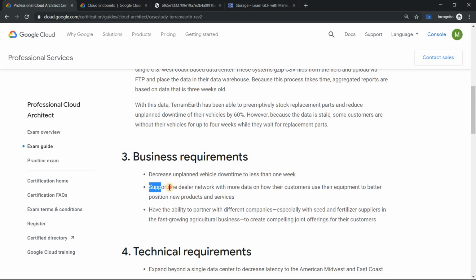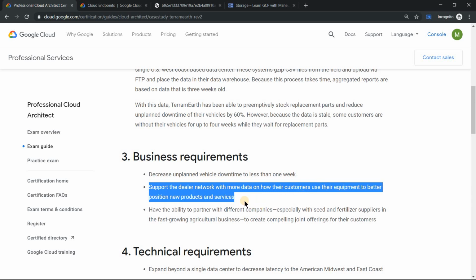Moving on to the next requirement: support the dealer network with more data on how their customers use their equipment to better position new products and services. This may be slightly different from what we are thinking. If you look into this requirement, it's basically a recommendation, based on how they are using the equipment, which could be tractors or any vehicles used in the farm or in the mining place.